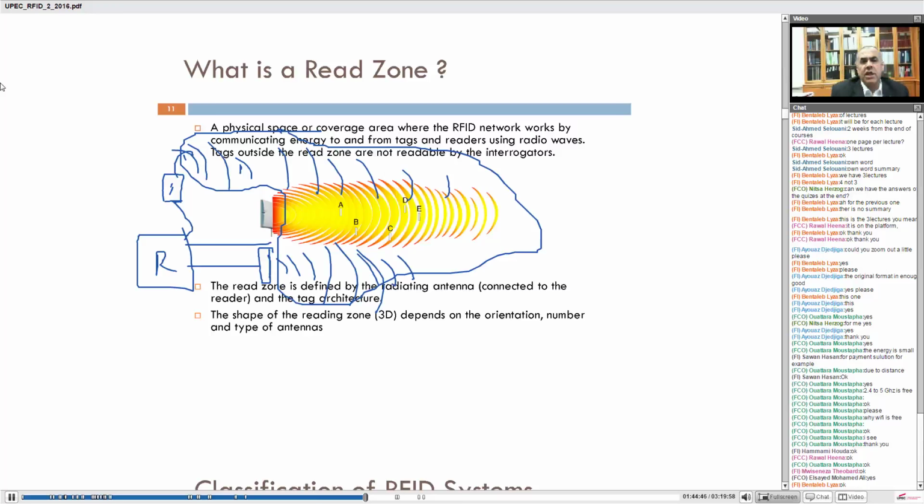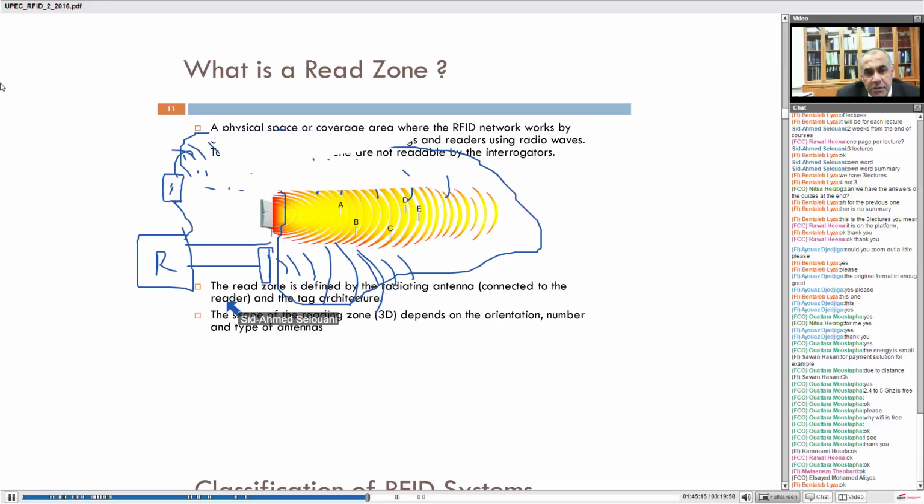So the read zone, you have your tags here, you can have tags here. So this will be the read zone. Okay, so this is this zone, and this zone, and this zone. You can have a shape of a space covered by the electromagnetic field.